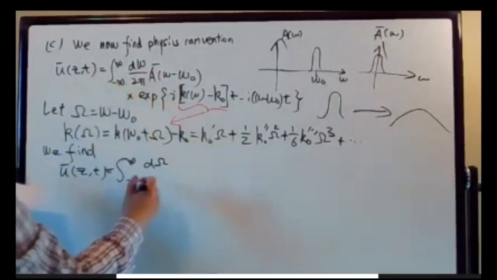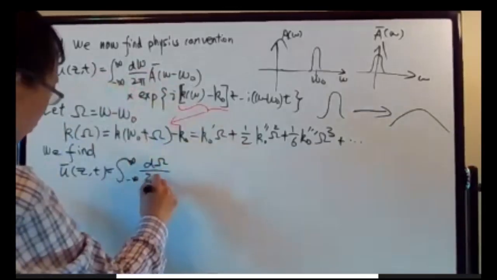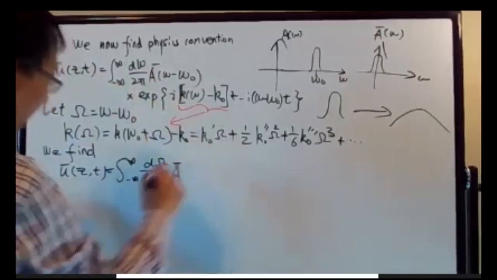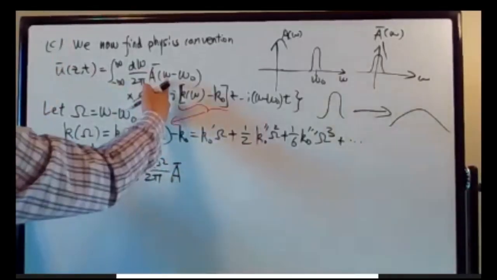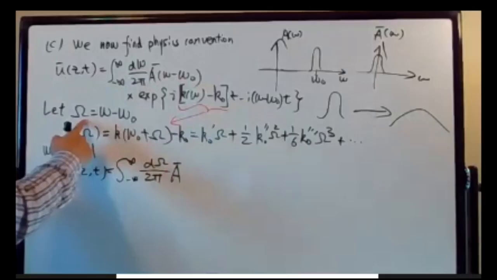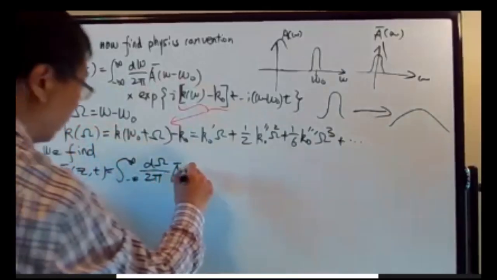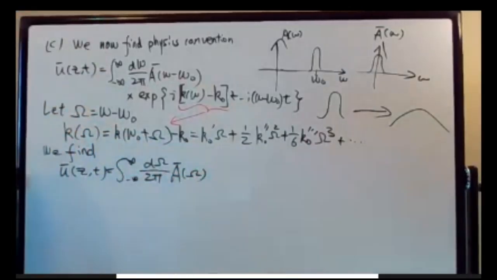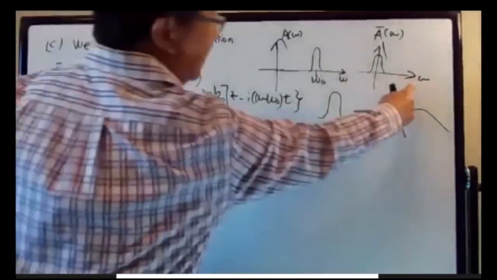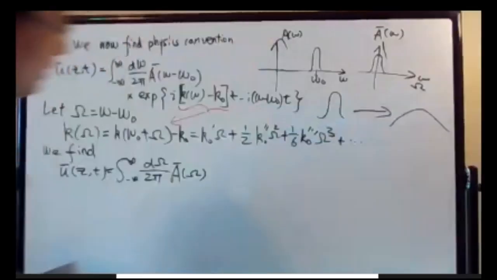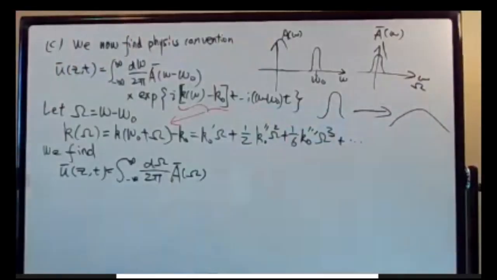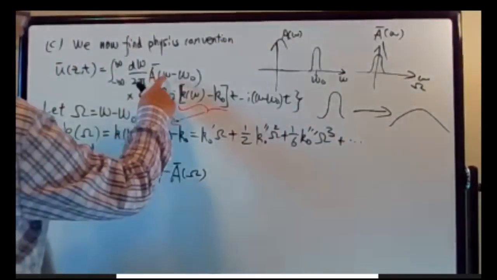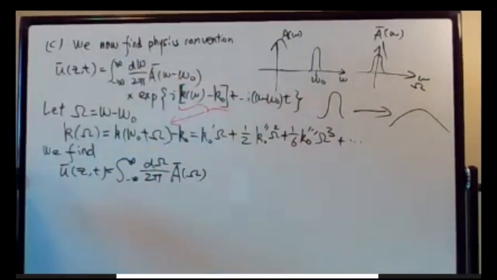So this equation we rewrite, divided by 2 pi, A bar. Omega minus omega naught we will use as a new variable, capital omega. So capital omega is omega minus omega naught.